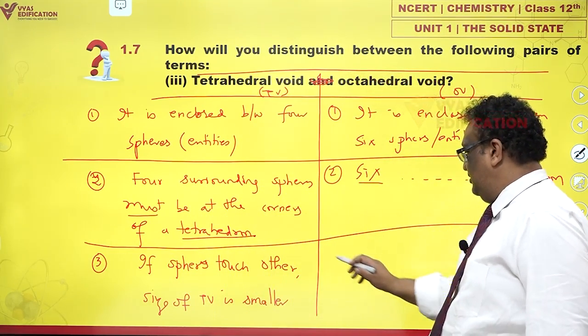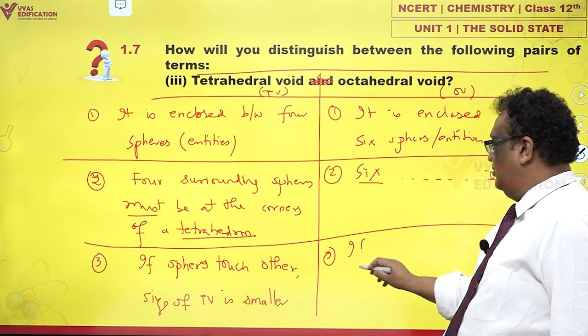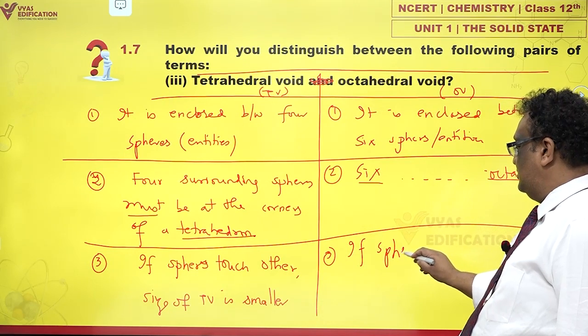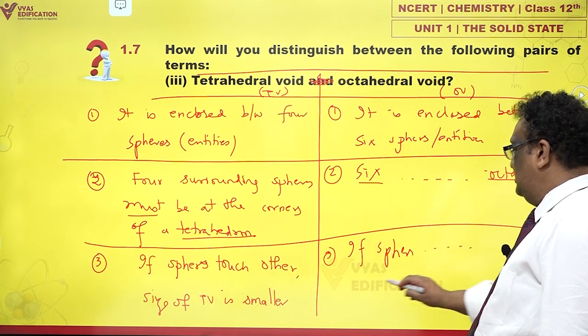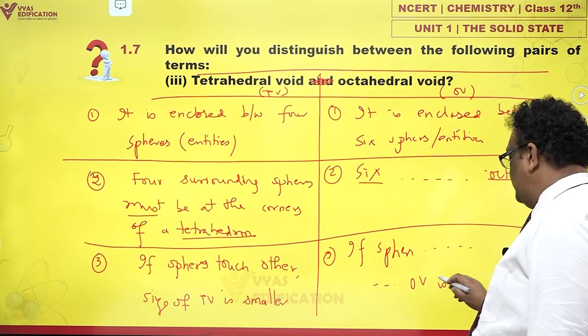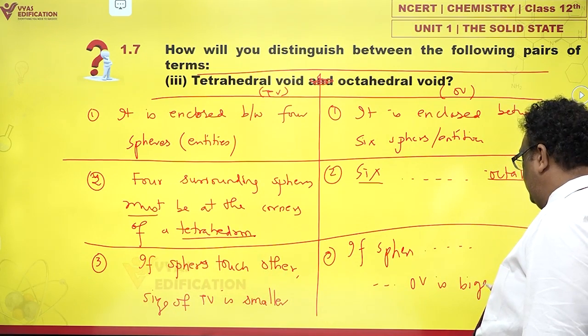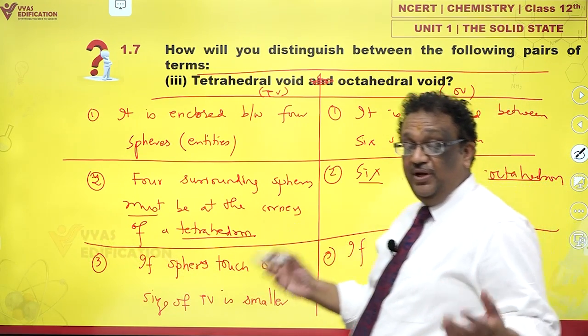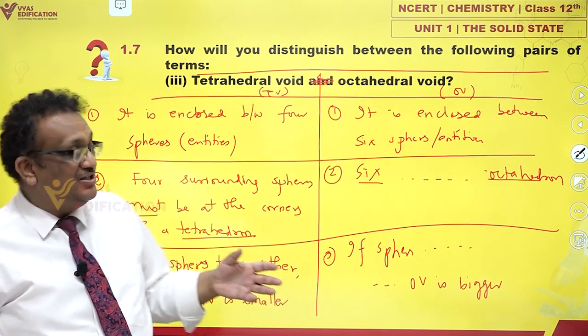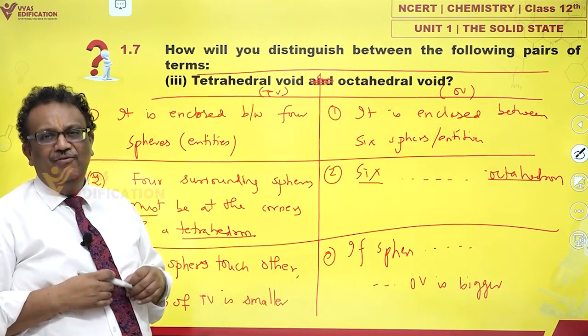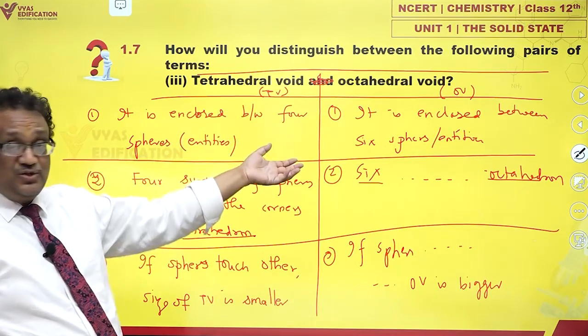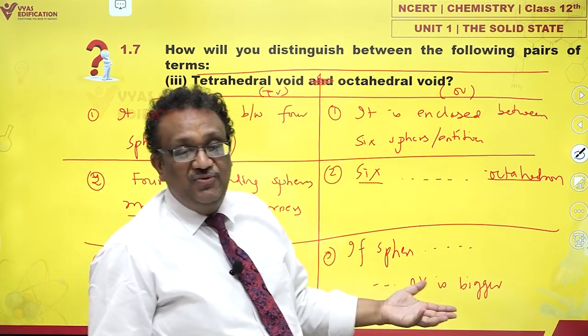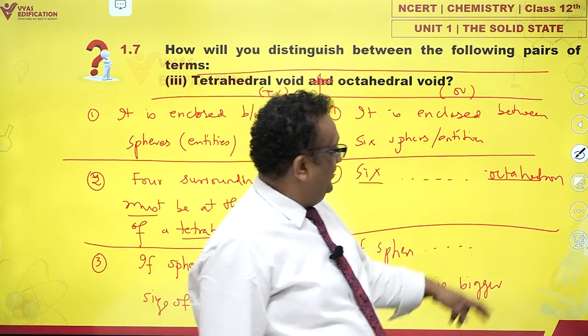And if spheres touch each other, size of OV is bigger. Octahedral voids are bigger and tetrahedral voids are relatively smaller voids, which makes sense. You have just 4 particles around one and 6 particles around the other, so obviously you have more space when surrounded by 6 particles.